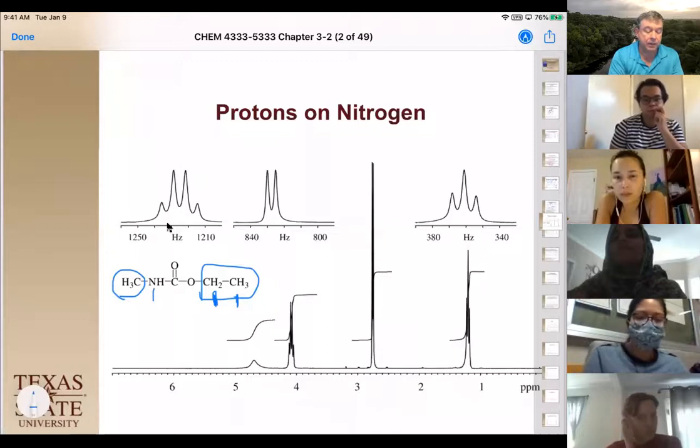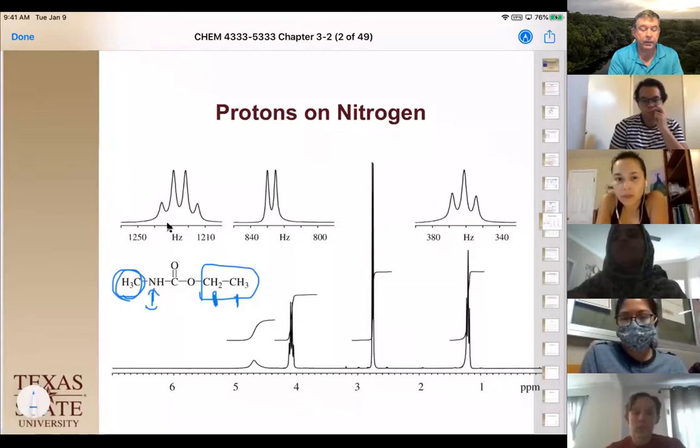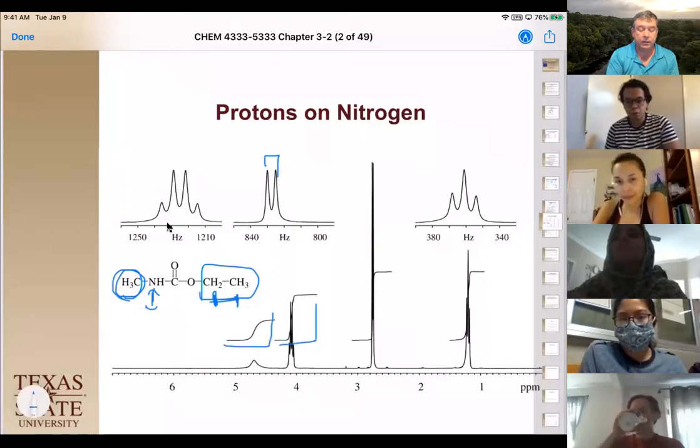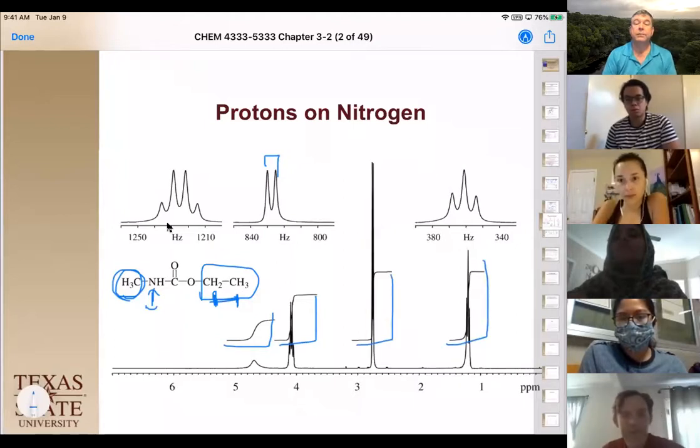So that means that our one hydrogen on the nitrogen is actually splitting this methyl here, and if we measured the coupling constant, we would see what that N-H coupling constant would be. Now it looks a little bit smaller than the ones with the carbons we see over here. I haven't measured it, I probably should have. But what we'll see here is our integration of 1, our integration of 2, our integration of 3, and our integration of 3.